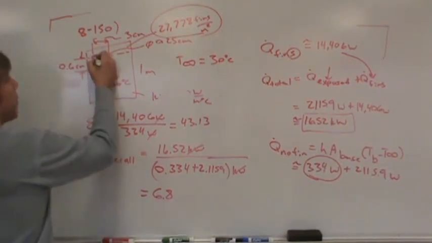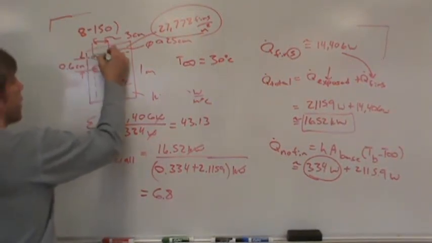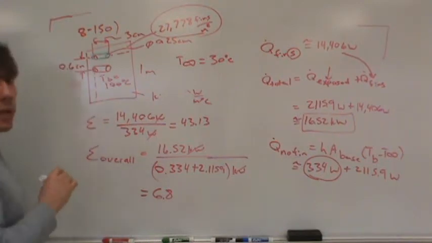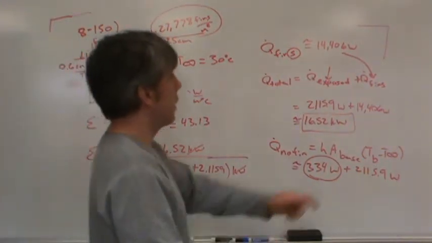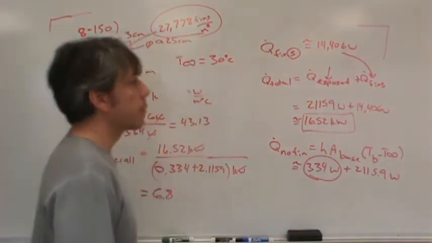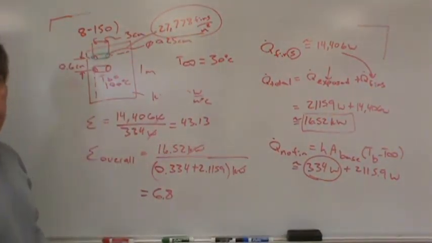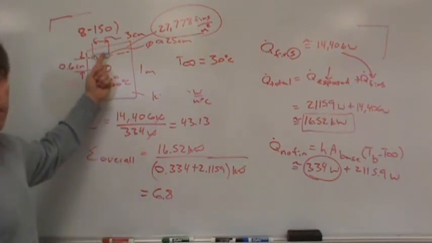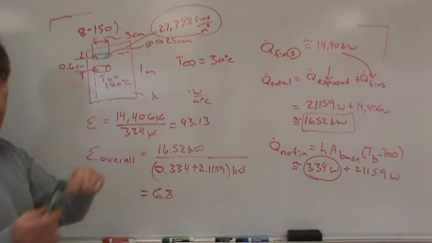We have already accounted for all of this area of the fin. All of that is right here, right? Including the ends of the fin? Including the ends of the fin. Because this is literally part of the fin. So we put it with the fin.